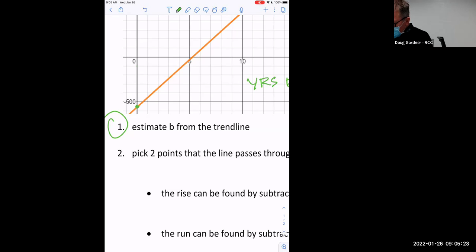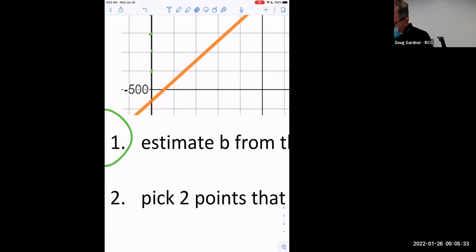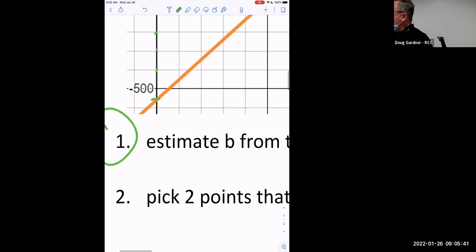Let's see, this is 500, so it's 1, 2, 3, 4, 5. Yeah, what do you think? Maybe that's halfway. So maybe that's negative 550. And you could argue, no, I think it's 555 or 540 or something like that, but it's around negative 550.